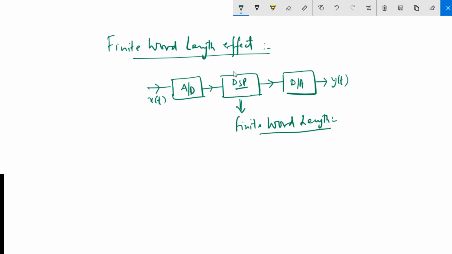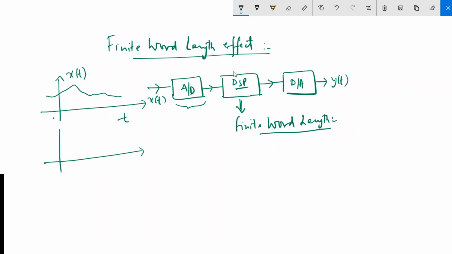Okay, now because you have a finite word length, what happens in this part, when you convert A to D? You have an analog signal x(t), continuous time. What we do first to convert this into digital, we first sample it.